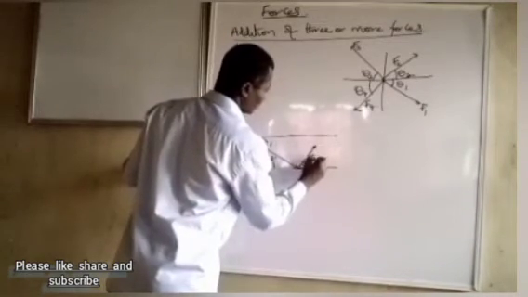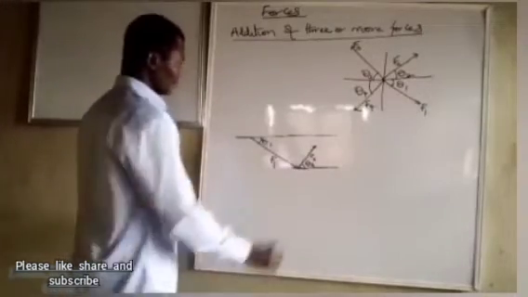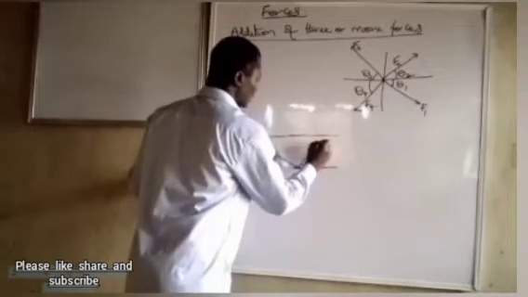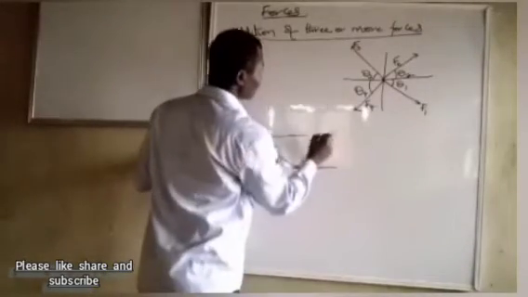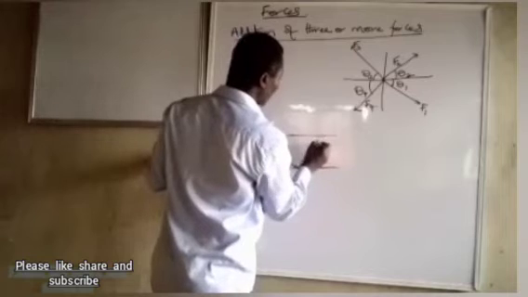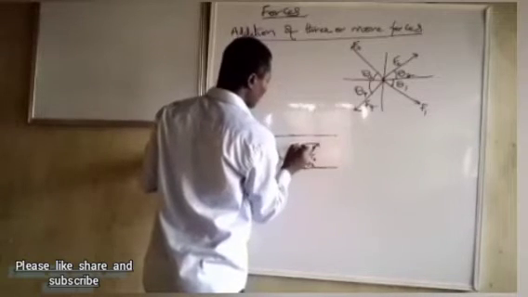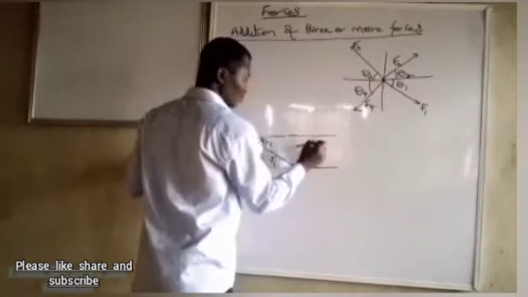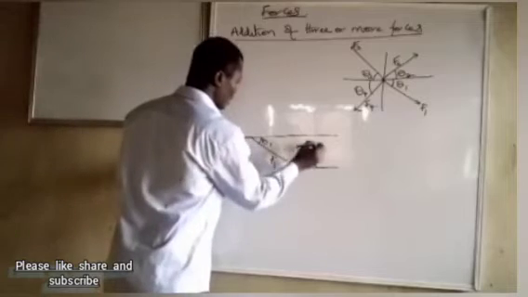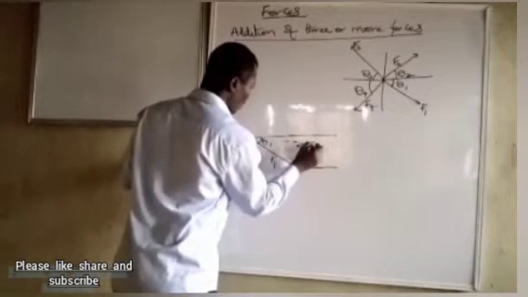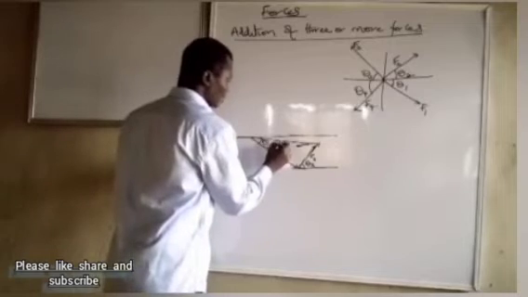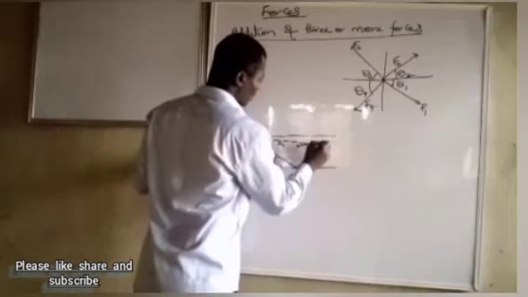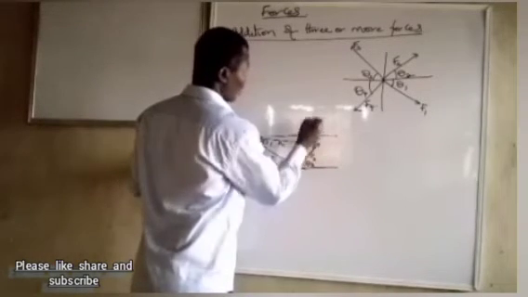Let's now continue. We have F3. For me to get F3, I will draw from here. Sorry, this is the resultant of F1 and F2, R1. From here I will draw F3.